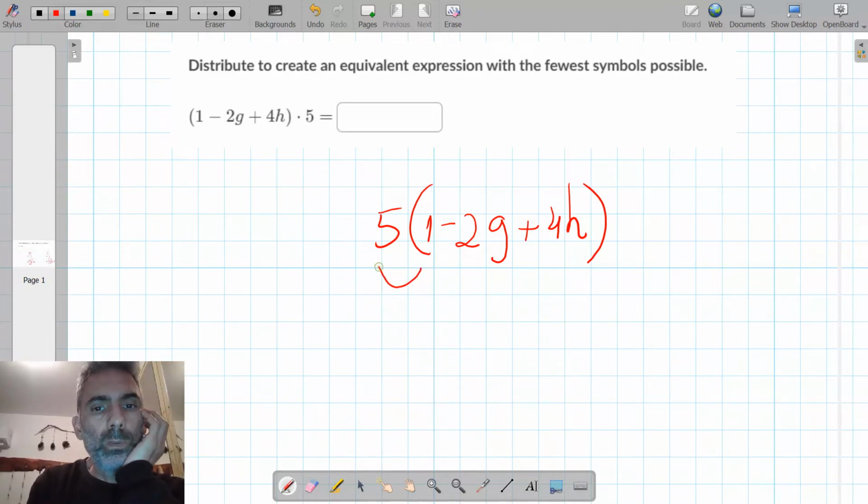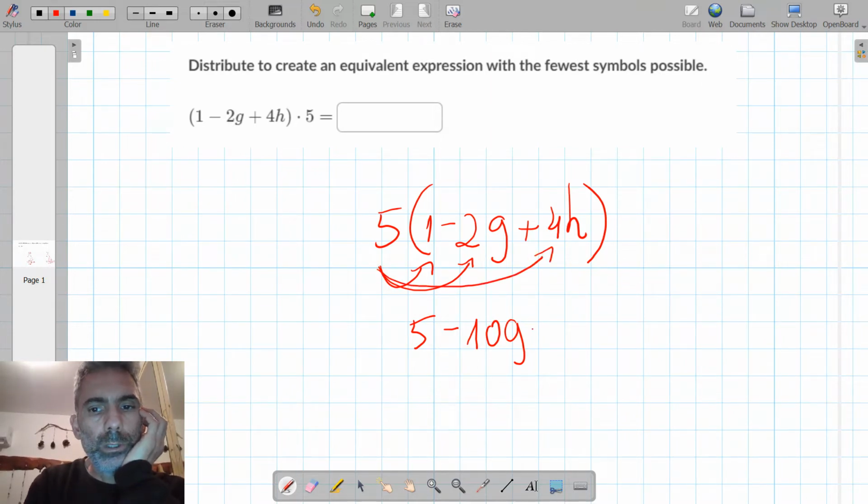So 5 times 1 is 5. 5 times 2g is 10g. And 5 times 4h is 20h.